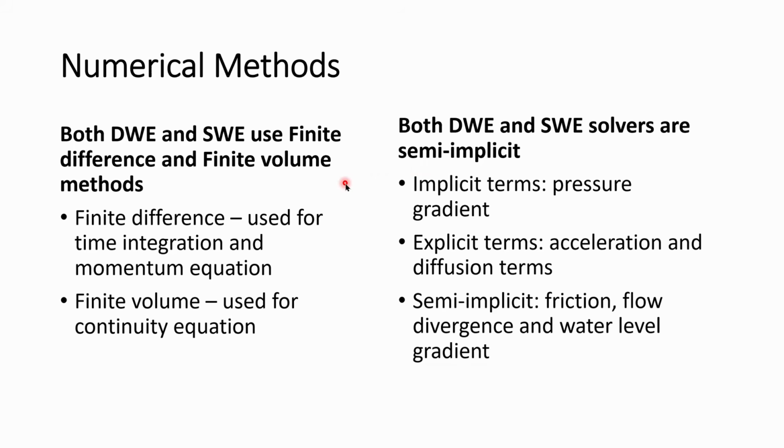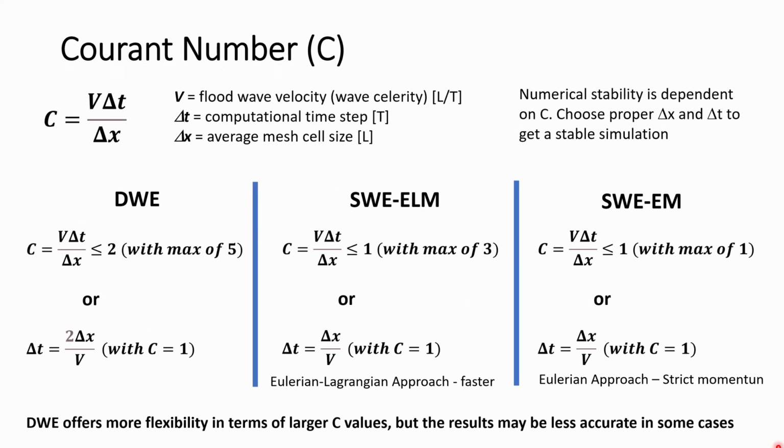Again, as I said, we are not going to go into all the details because it would be a very long video, and I hope that you know a little bit about numerical methods to understand some of these terms. Now, if you have done one-dimensional steady-state modeling using HEC-RAS, you may have never experienced numerical instability.